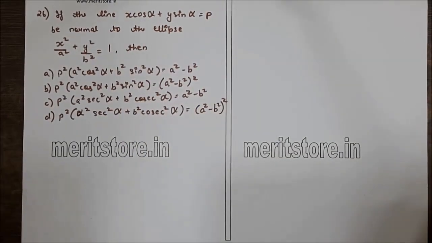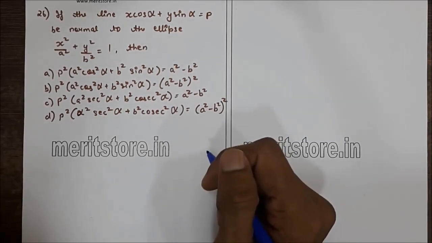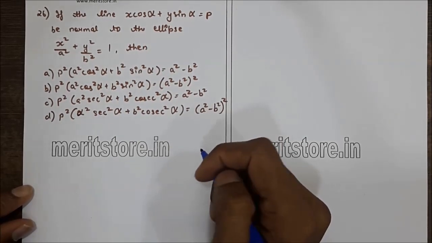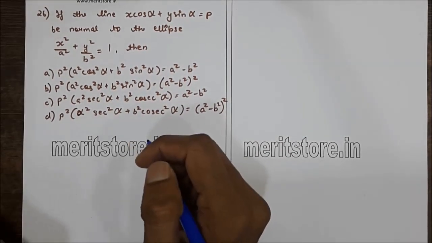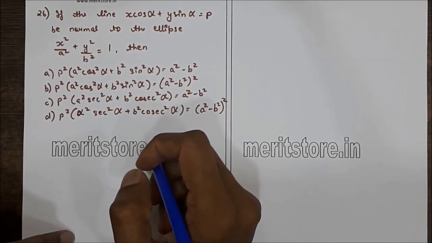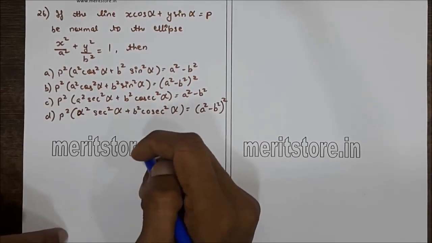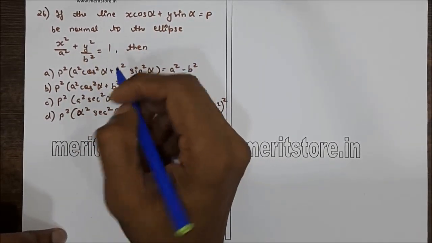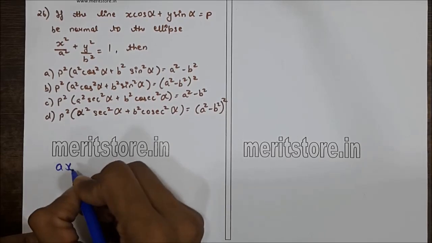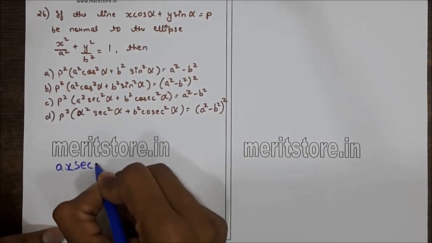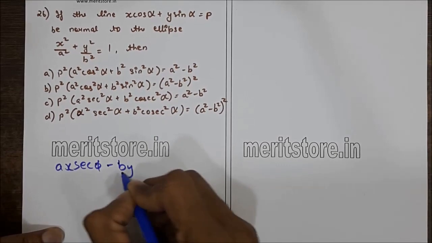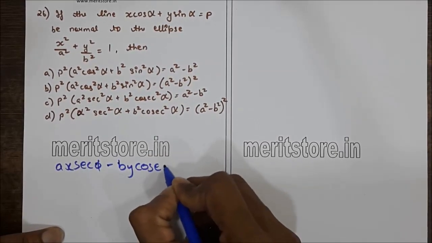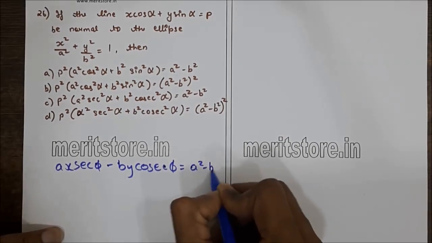Question 26. If the line x cos alpha plus y sin alpha is equal to p be the normal to the ellipse x square upon a square plus y square upon b square equal to 1, then we have four options given in terms of p, cos, sin, and a and b. So the equation of any normal to x square upon a square plus y square upon b square equal to 1 is given as ax sec phi minus by cosec phi equal to a square minus b square.